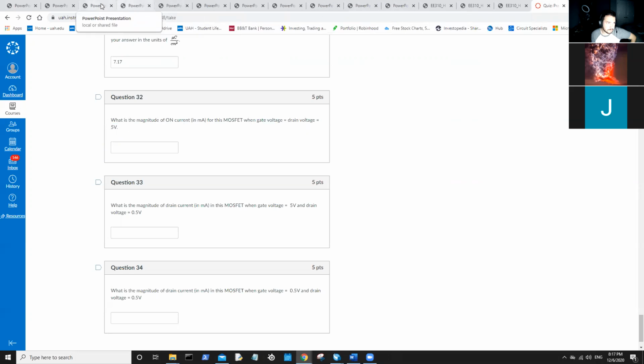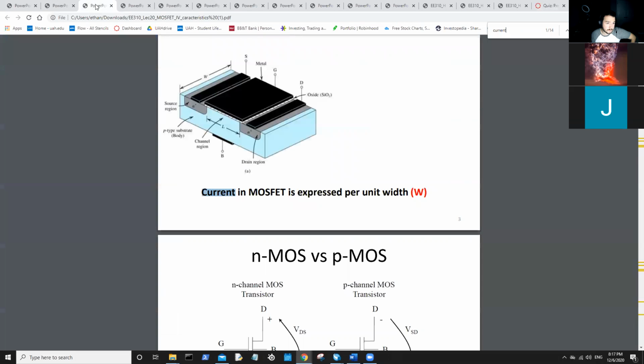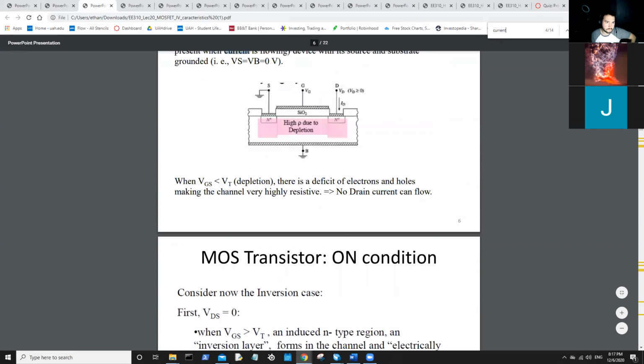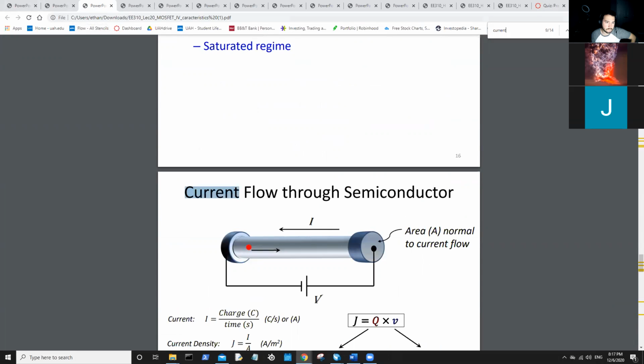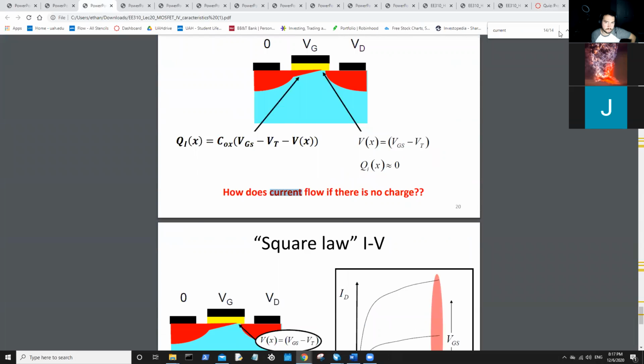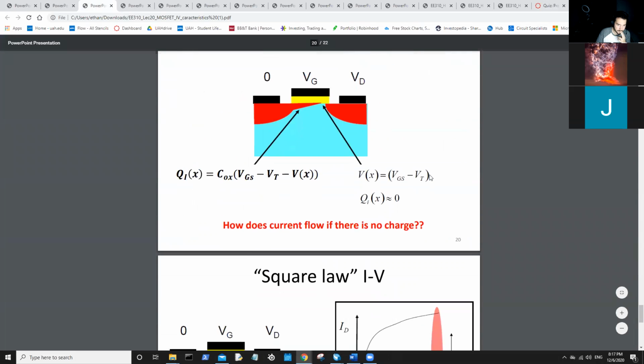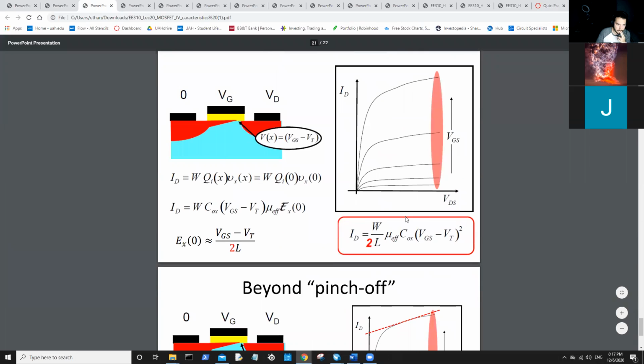It gave it to us, and it was in this formula, this one. I think it was right here. Yeah, it's this one. So VDS is equal to 5, but is that okay?